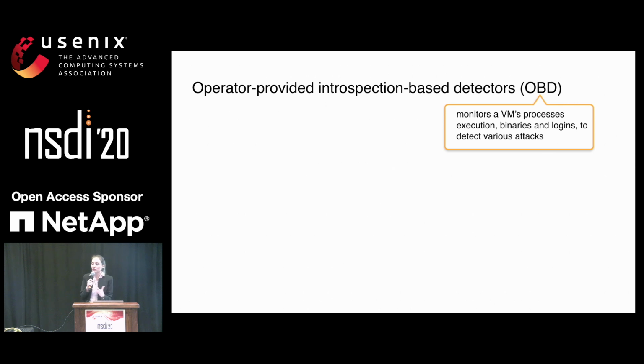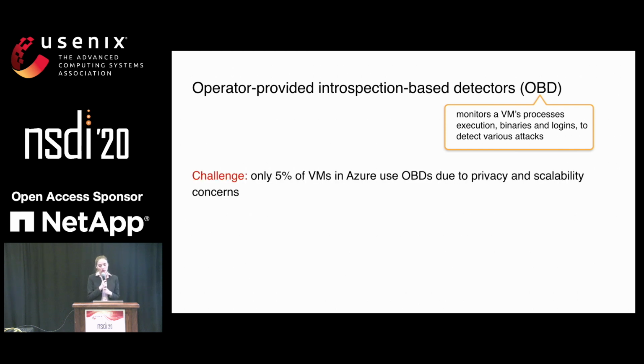Now, the problem with these OBDs is that they don't scale well. They're very heavy. There's a lot of monitoring and logging happening. But they also affect privacy because they're monitoring what's happening inside your VM, including VM logins. So if you look at the numbers on Azure, only 5% of the VMs in Azure use OBDs due to these issues.